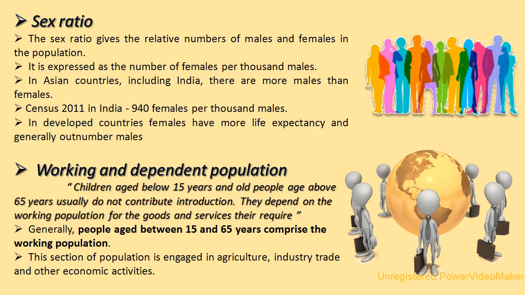That is what we are talking about here. In Asian countries, including India, we are facing this problem. By the 2011 census, the number of females per thousand males is 940. So 60 males will not get a pair.